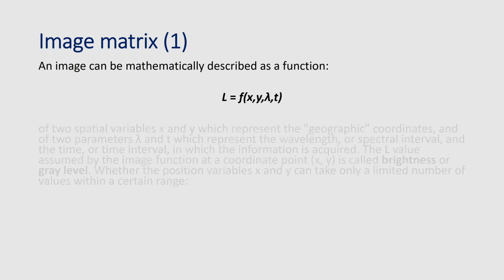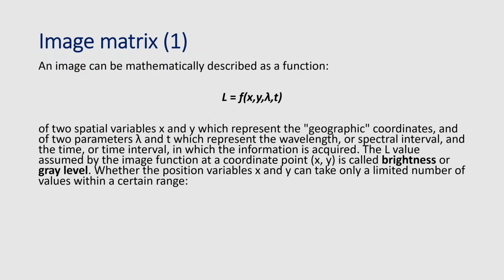An image can be mathematically described as a function L of x, y, lambda and t, where there are two spatial variables, x and y, which represent the geographical coordinates, and two parameters, lambda and t, which represent the wavelength, or spectral interval, or spectral bands, and the time, or time interval, in which the information is acquired.